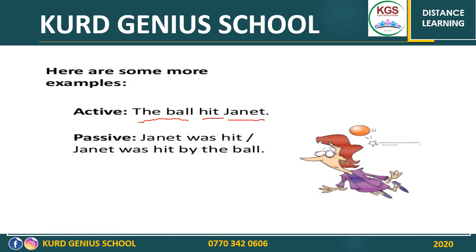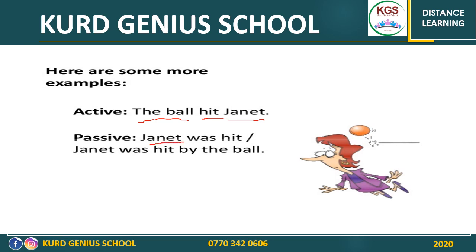And how do we know it's past, not present? Because if it was present, we must have added s here, because the ball is singular. But because we didn't add it, we know the tense of the sentence is past. So Janet is the object here, because Janet was affected by the action of hitting. In the passive sentence, we put it at the beginning.